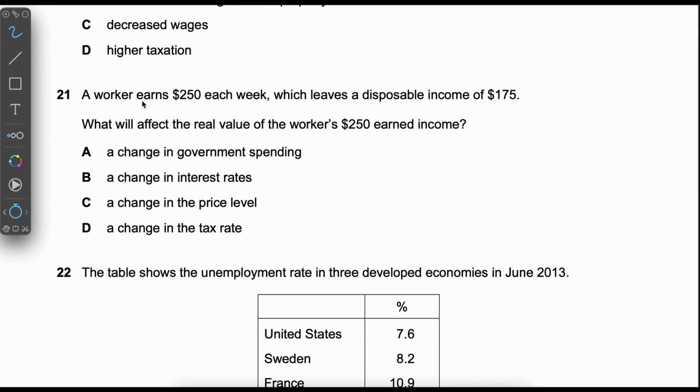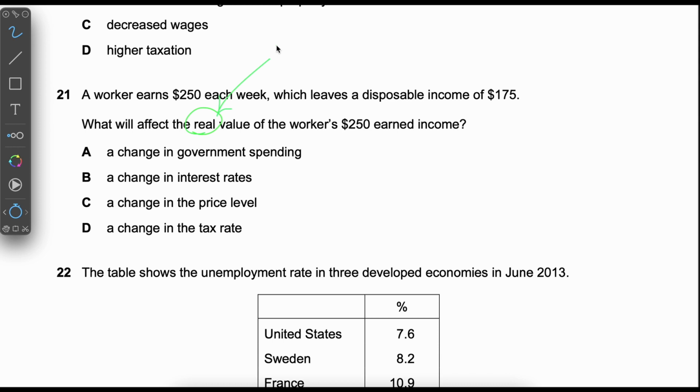Okay, 21. A worker earns $250 each week, which leaves a disposable income of $175. What will affect the real value of the worker's $250 earned income? Okay, when we see real, we're thinking about how inflation is affecting our earnings. Real income is how many goods we can buy for our set salary.